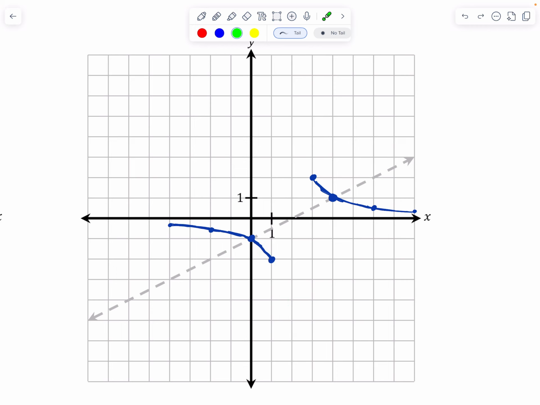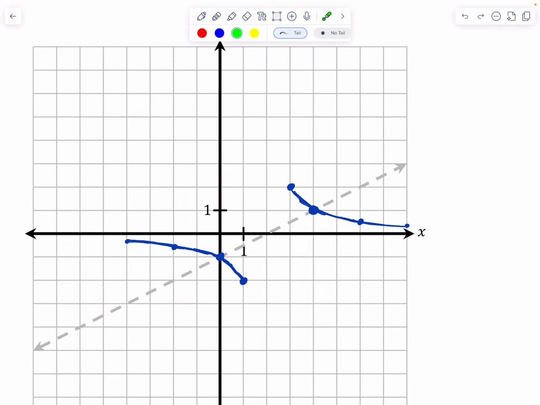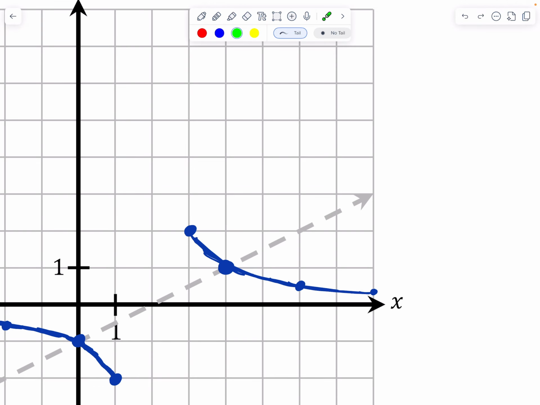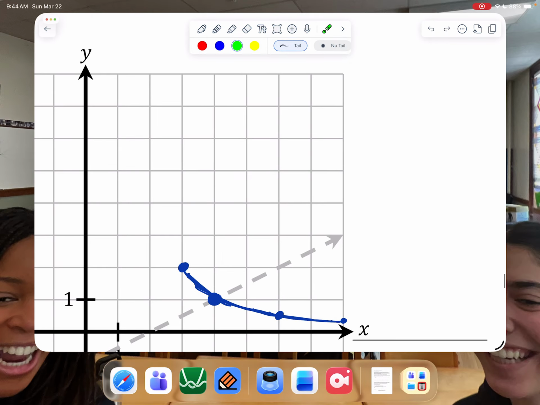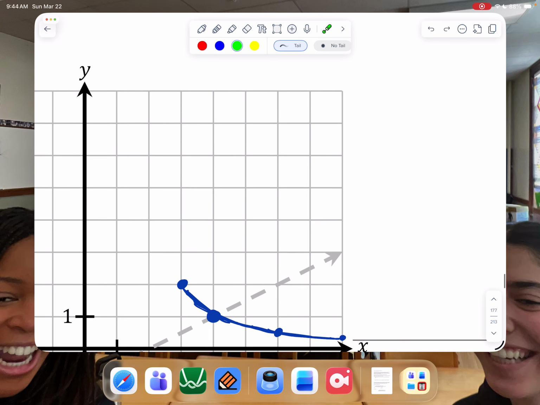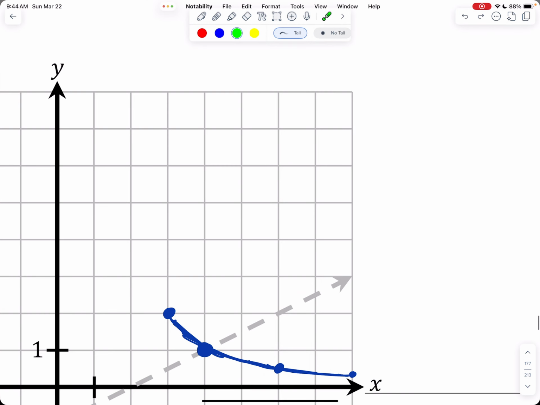The reason why that happens is because as these y values get closer and closer to 0, their reciprocals start to really explode. Where we've established if there's a point with a height of 1/10 in here somewhere, well, the reciprocal of 1/10 would be 10. That's already off the graph somewhere. Oh my gosh. Nailed it.